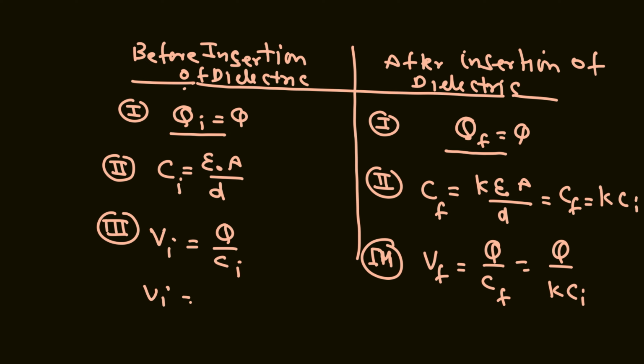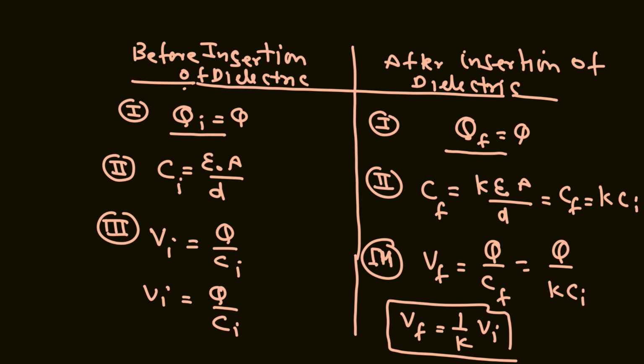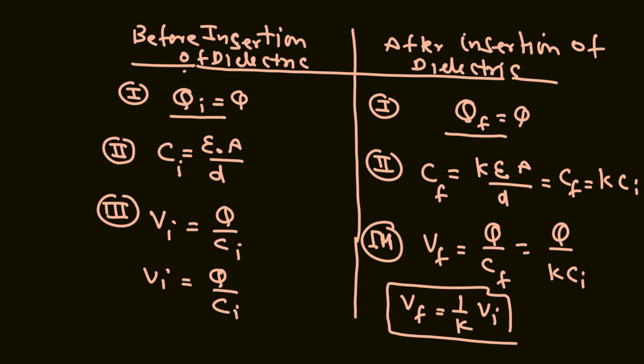Then V initial is equal to Q upon C initial, and V final is 1 upon K times V initial, which means the potential decreases by 1 by K times.